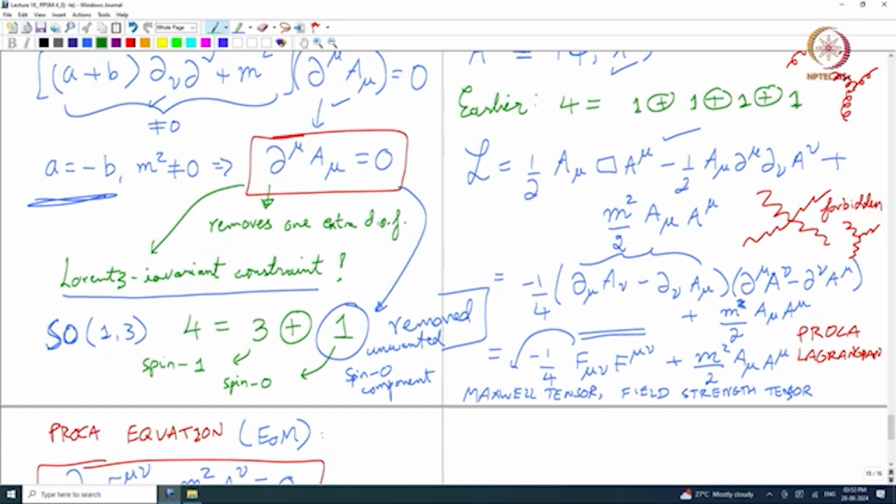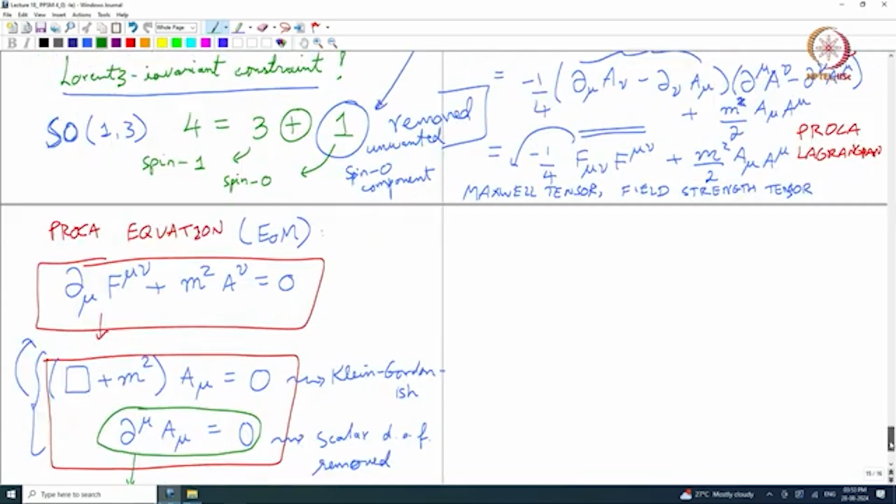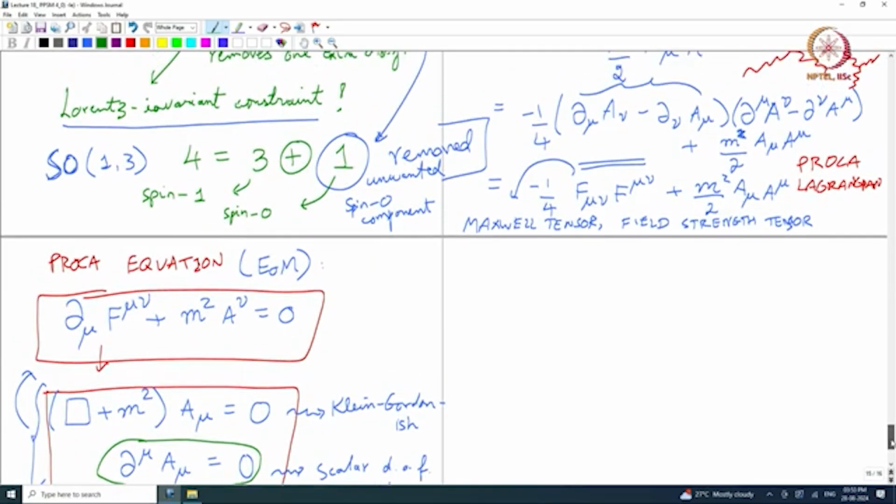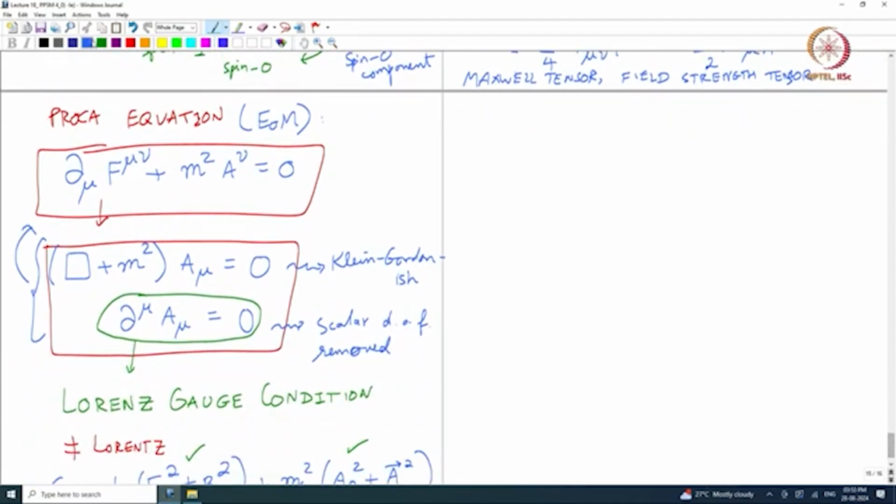Not only because it is so cute and then you can make the connection with the field strength, the Maxwell tensor, but also because this explicitly carries another symmetry which will turn out to be very important for us as we construct the standard model, okay? You are getting a taste here already of what is known as gauge invariance. Okay? What do I mean by gauge invariance?